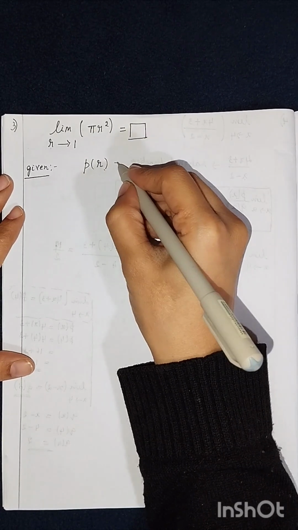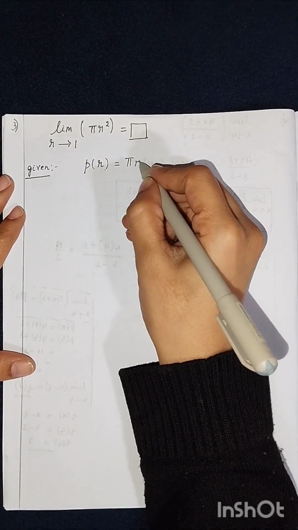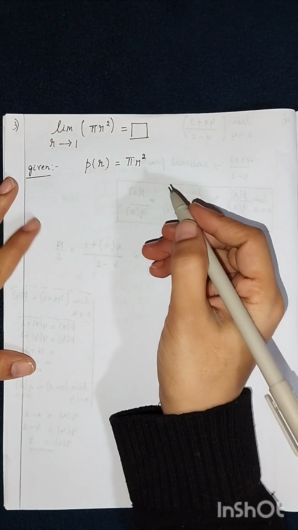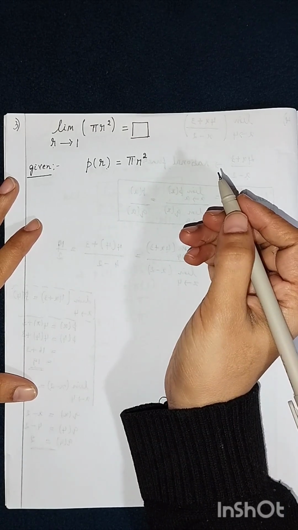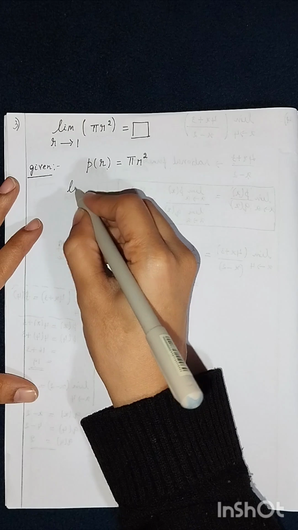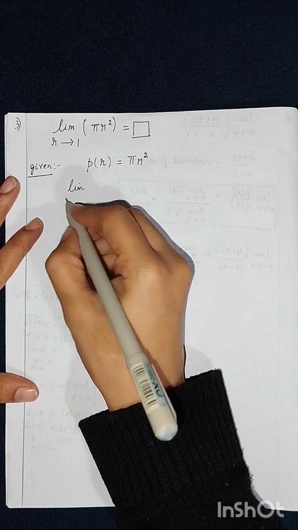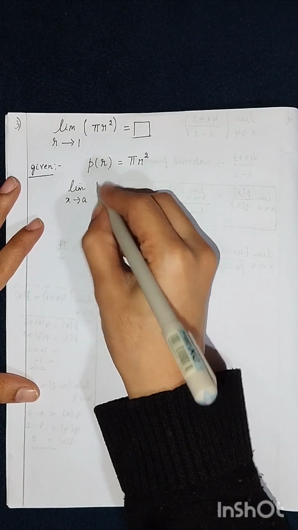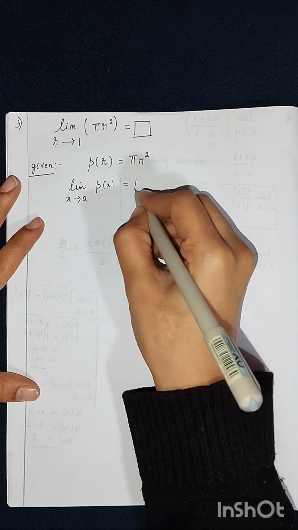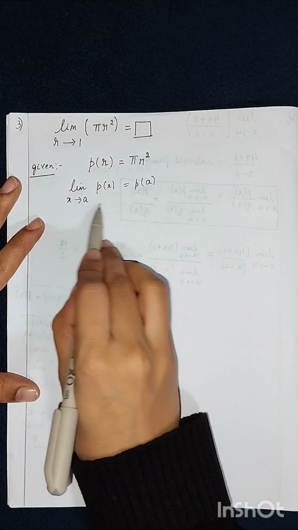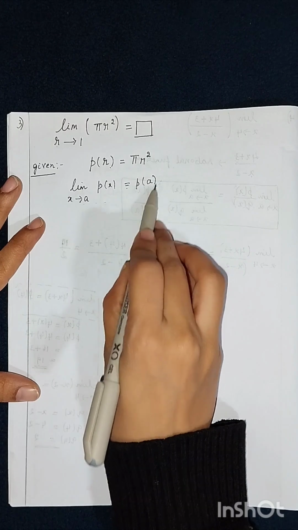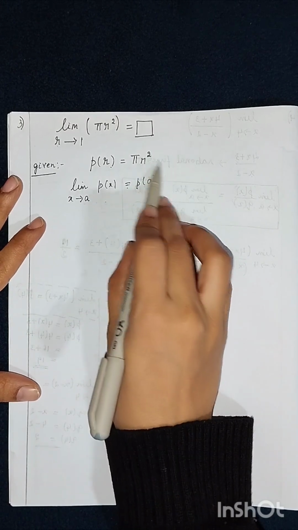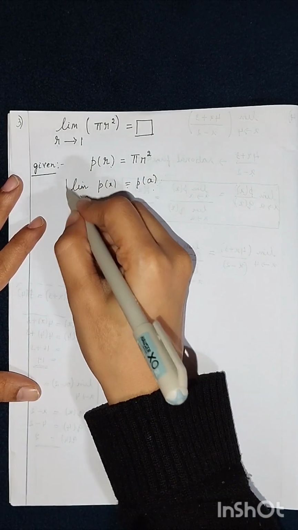So p of r is equal to pi r square. Now limit x tends to a, p of x is equal to p of a. Limit value is equal to functional value, and we get this value from the function itself. So we will use this to solve.